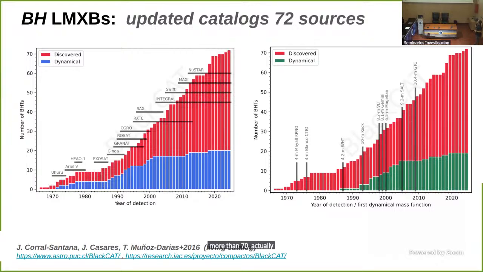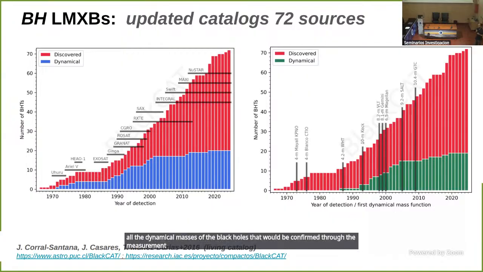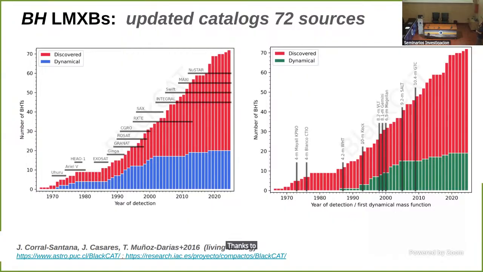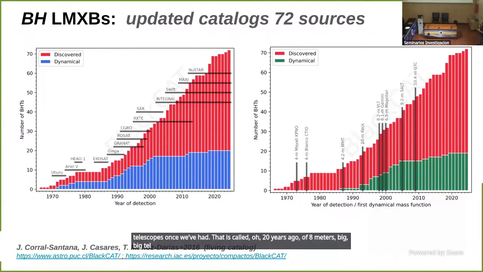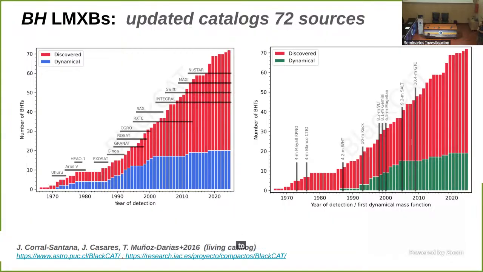And you can see in the blue part or here in the green part all the dynamical masses, so the black holes that could be confirmed through the measurement of the dynamical mass thanks to optical observations. And you can see the impact of different telescopes. Once we had 8-meter telescopes 20 years ago, so big telescopes, we started to have the possibility to measure many dynamical masses.